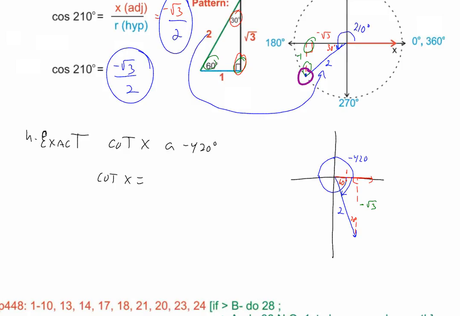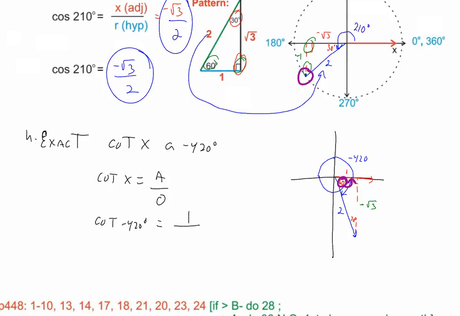So now what do I do to do cotangent of x? I say this: the cotangent of x is the adjacent over the opposite. So the cotangent of negative 420 degrees is going to be the adjacent. Here, I might as well use my color. And remember, we're looking at the 60 degree angle, right here. 1 is the adjacent.